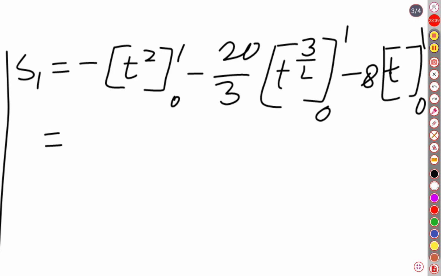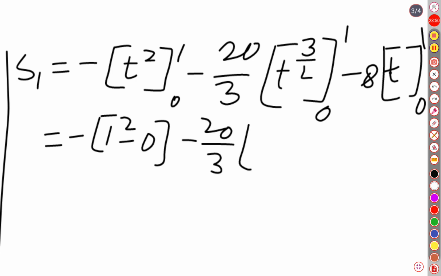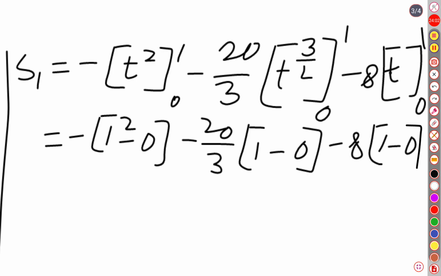Then what is it going to be? It is negative 1 squared minus 0, then 20 over 3, whatever the exponent is, 1 minus 0, then again 1 minus 0. So it is going to be negative 1, 20 over 3, then negative 8.